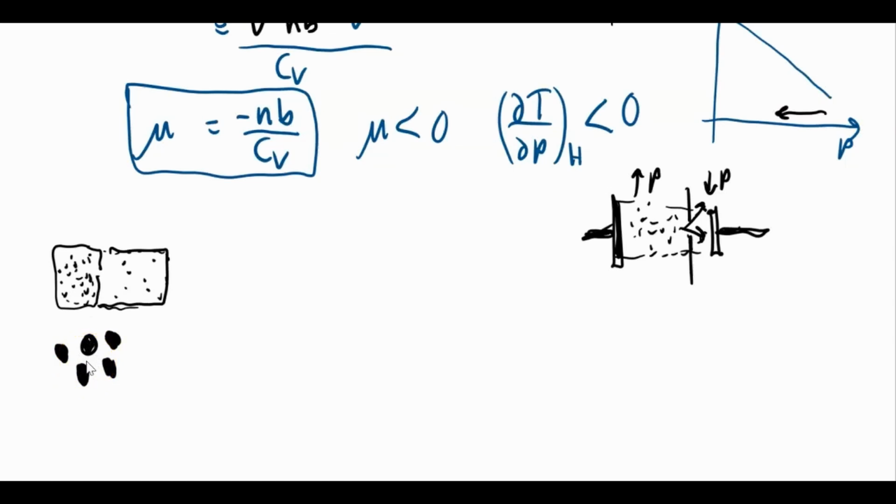If you have molecules that are really compressed, then it's like you're compressing a spring between them, and they're in a state of high potential energy. There's high potential energy because we've squished them together. They're experiencing repulsive forces that want to push them apart.